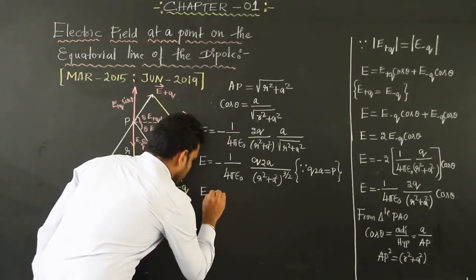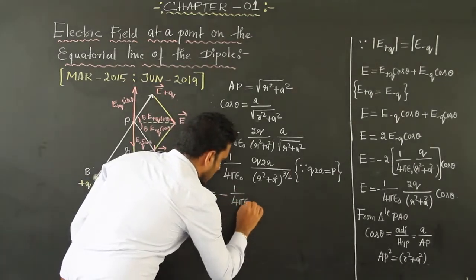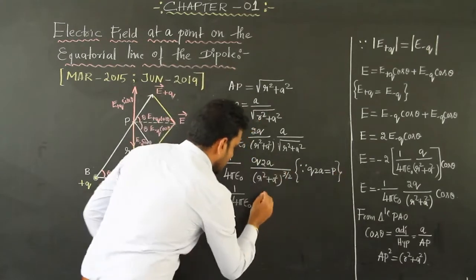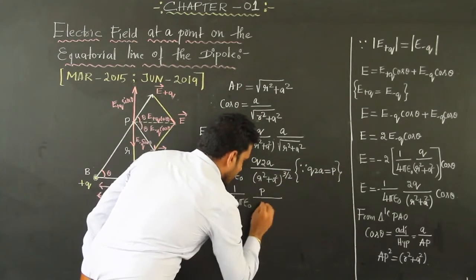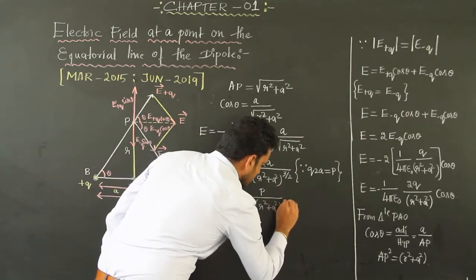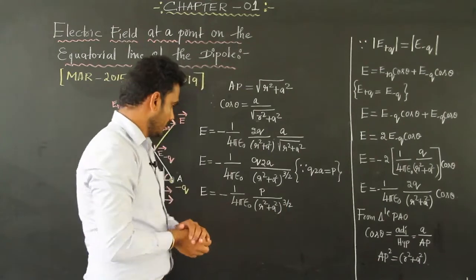So the equation becomes minus 1 over 4 pi epsilon naught. In the place of Q into 2A, I am writing P, then divided by R square plus A square power 3 by 2.